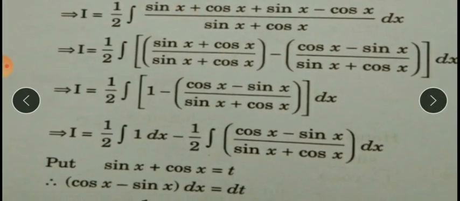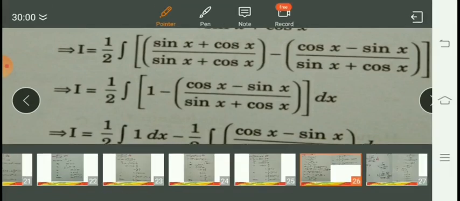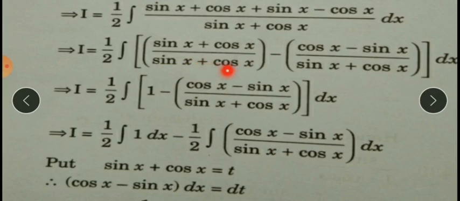Here we can see that the first part is sin x plus cos x upon sin x plus cos x, that is 1. That's why I is equal to 1 upon 2 integration under bracket 1 minus the second part as it is, cos x minus sin x upon sin x plus cos x.